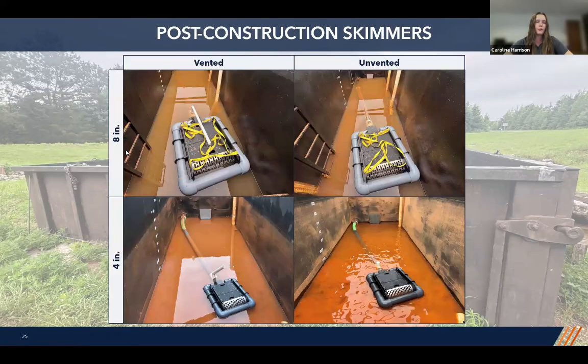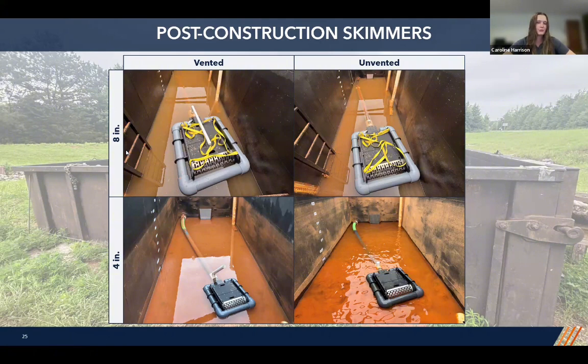And so on the post-construction side, 5 post-construction skimmers were evaluated here. And these post-construction skimmers can be further categorized into 2 groups. So in this slide, you can see these are our larger post-construction skimmers. All of our post-construction skimmers were made out of a chlorinated polyvinyl chloride pipe and a high-density polyethylene pipe.